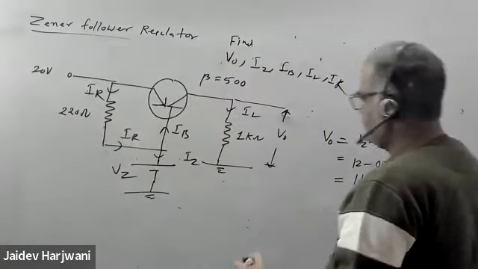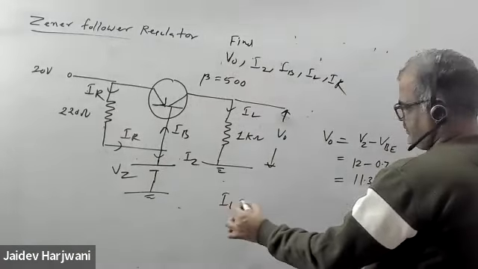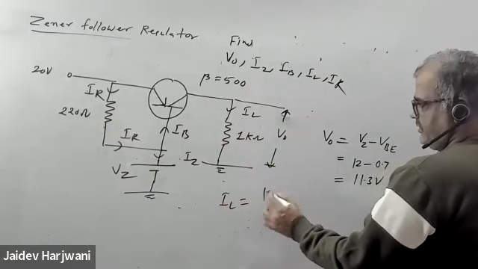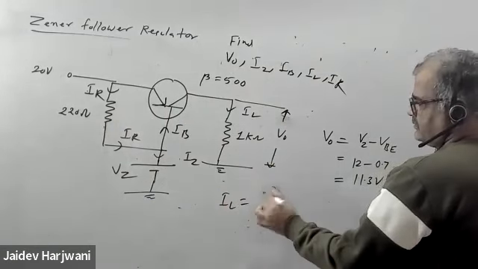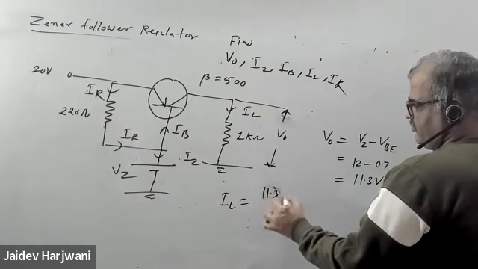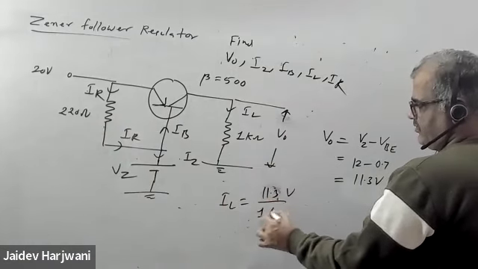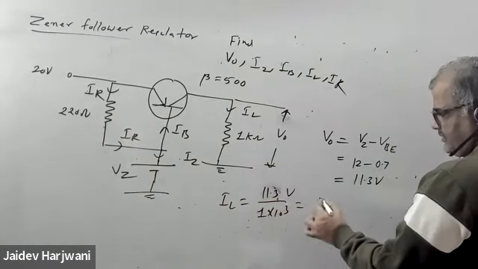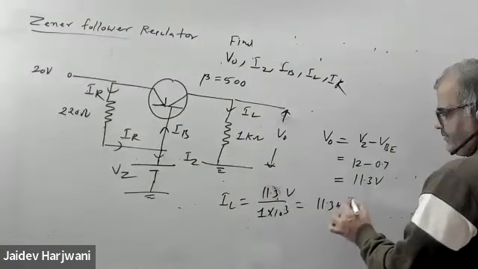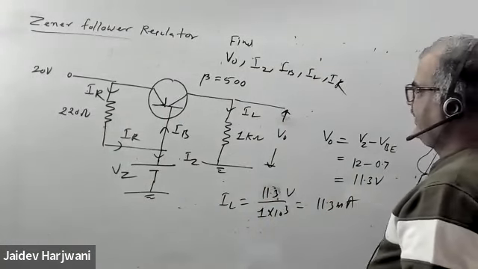What is IL? 11.3 volts divided by 1 kilo ohm, which becomes 11.3 milliampere.